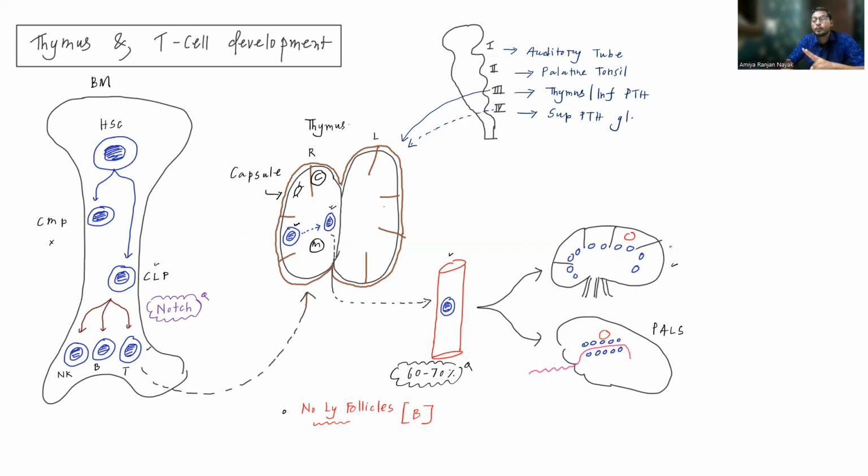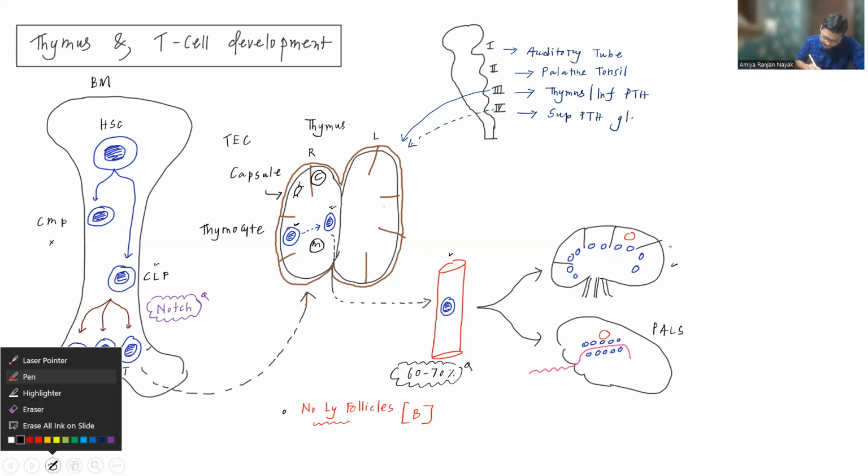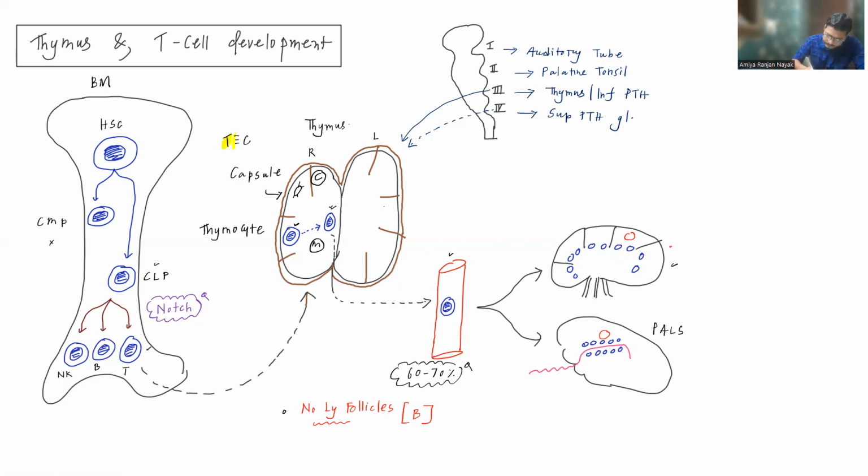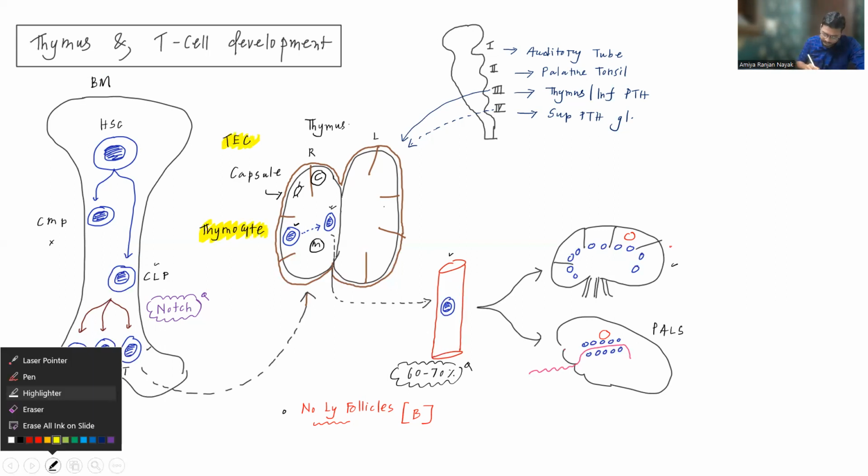So these are the two predominant cell types inside the thymus: thymic epithelial cells and thymocytes, the immature T lymphocytes.